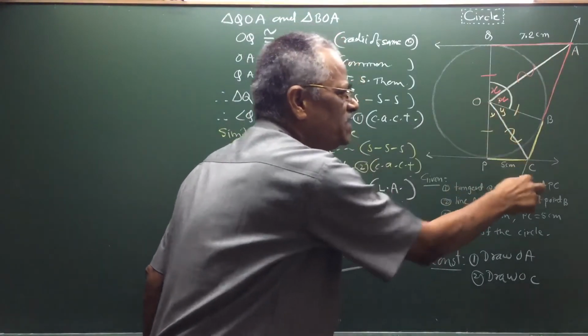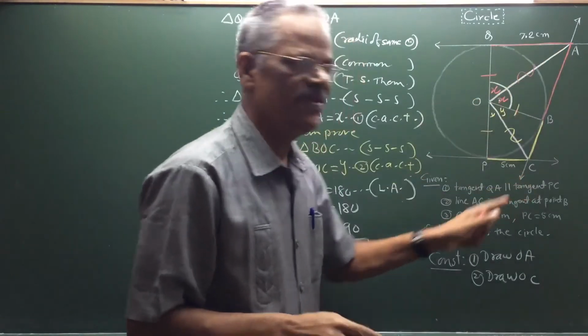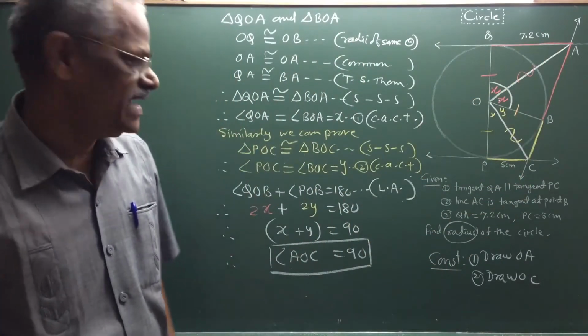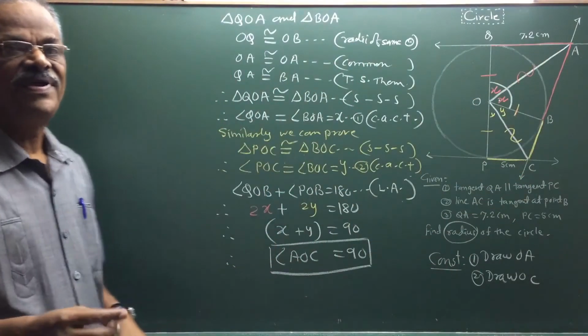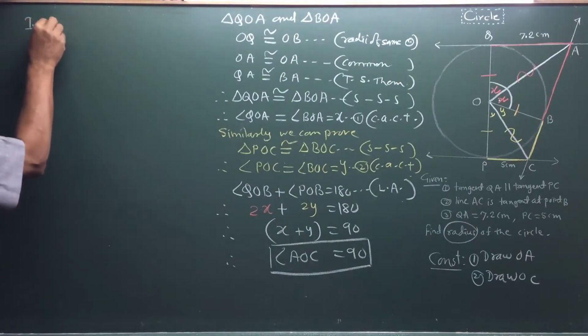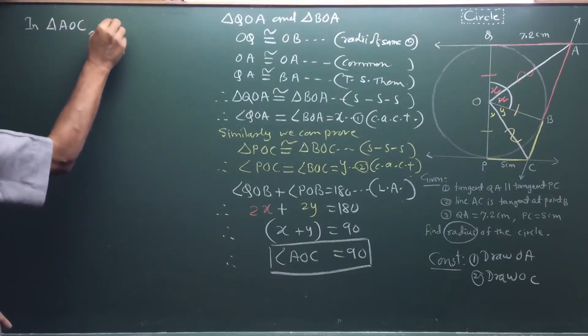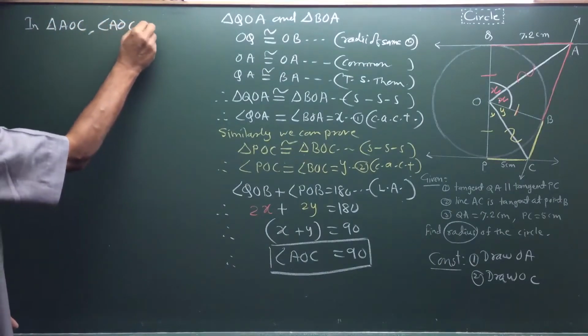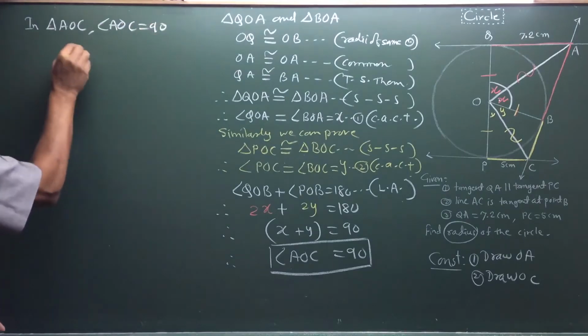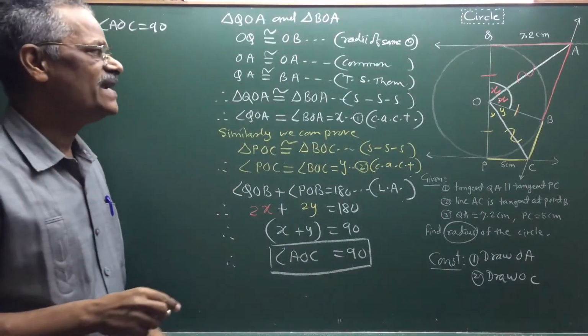Triangle AOC, we have to observe triangle AOC. It is now a right angle triangle. That is your next step. What is that? In triangle AOC, angle AOC is equal to 90, so it is definitely a right angle triangle.